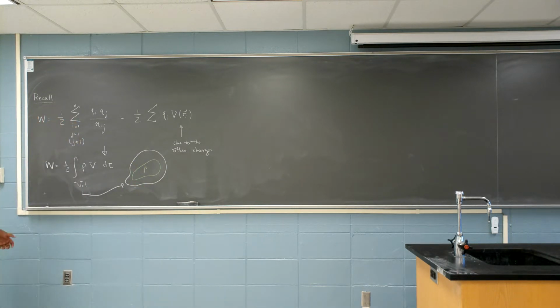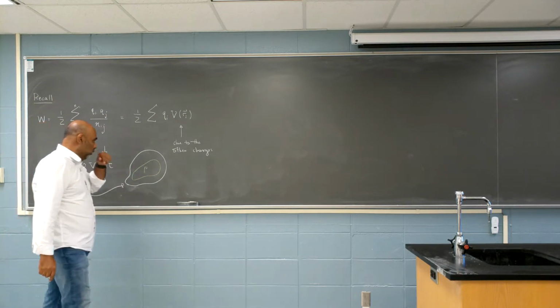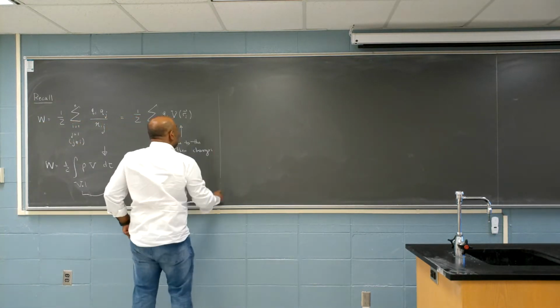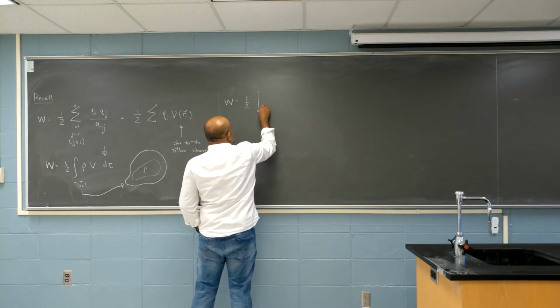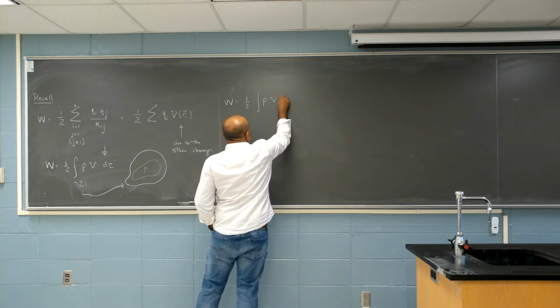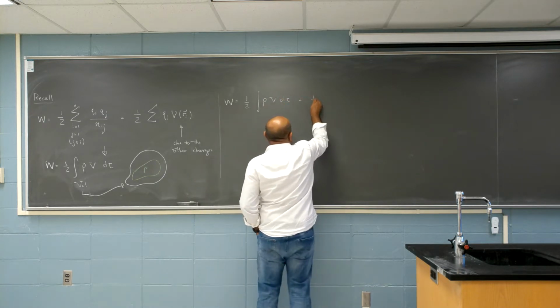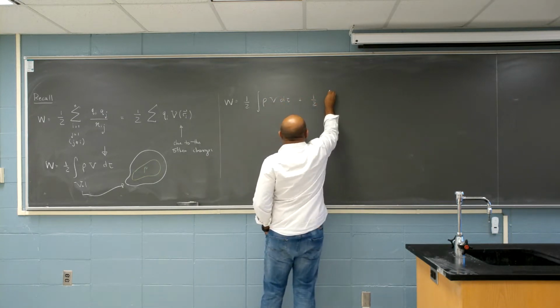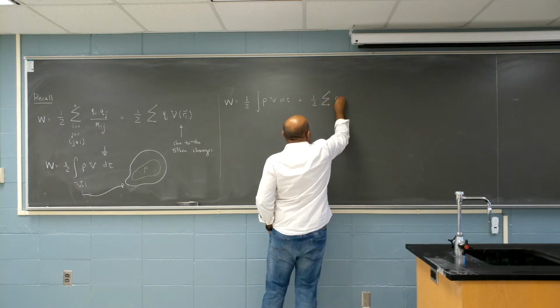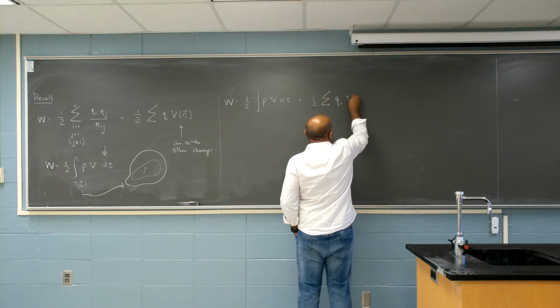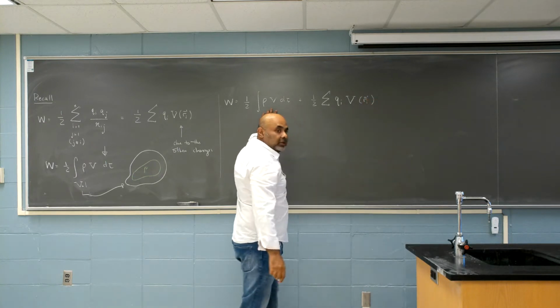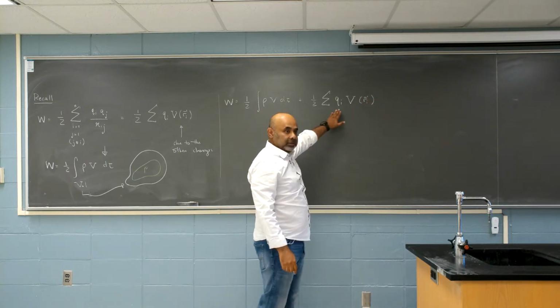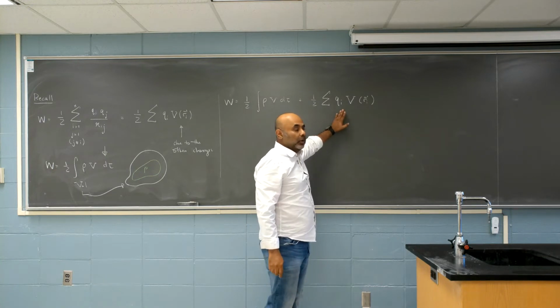Okay? I don't want to overburden you, but I should write this as the integral of rho V d tau plus 1/2 sum Qi V at Ri. This includes the continuous charge distribution, and this includes the discrete charges, so hang on to this.